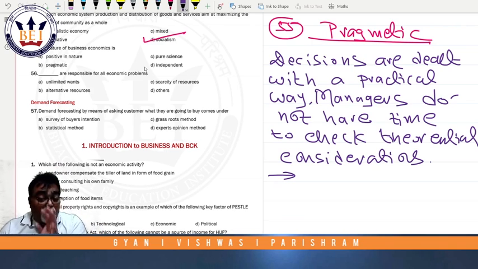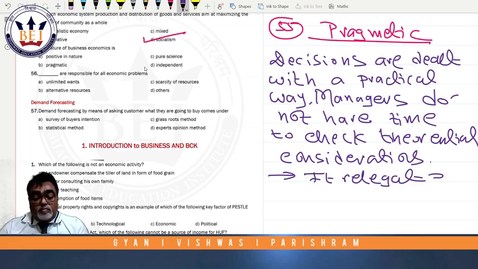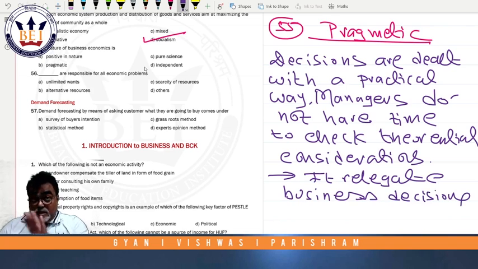He has to take care what is practical. It doesn't mean that it relegates this business decision, means doesn't ignore that business decision by some theoretical assumptions.